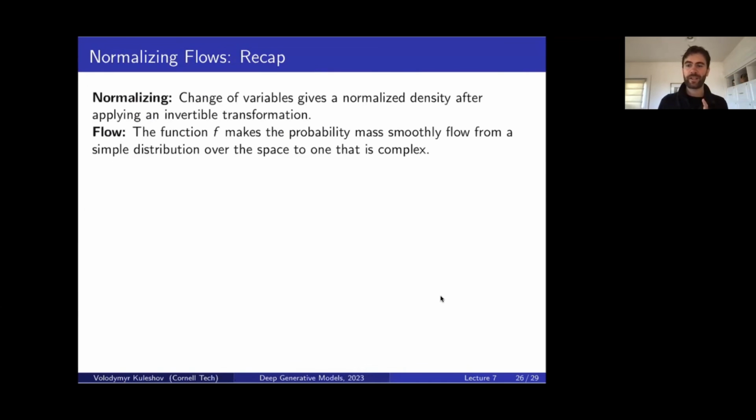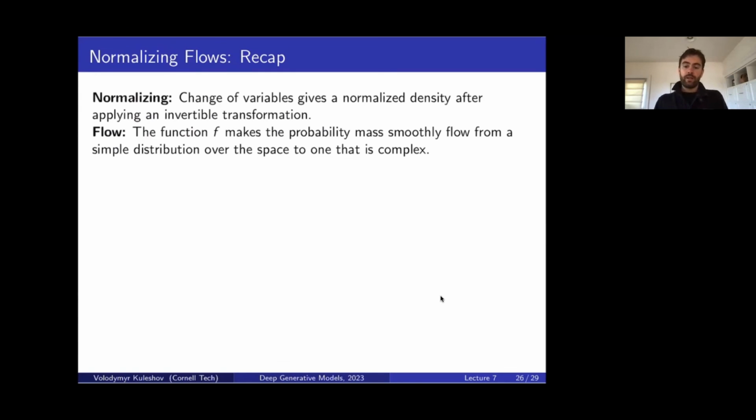So the model of Rezende and Mohamed doesn't generate images by itself, but it can be used as a component of other models. In particular, it can be used as a component of a variational autoencoder and makes that model more expressive. And we're going to see later normalizing flows that can generate images or more complex data like audio. They can generate that data directly.